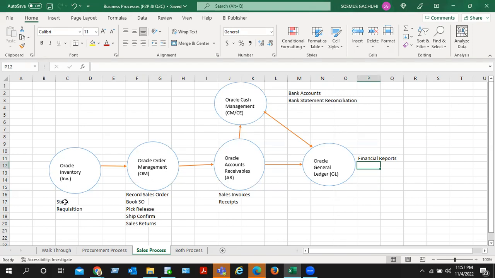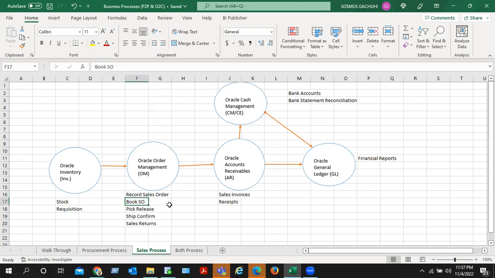So that's the process of selling, whereby we have the stock maintained under Oracle inventory. If the stock that the customer requires is enough, the Oracle inventory application will be used to communicate to Oracle order management, whereby they will record the sales order.